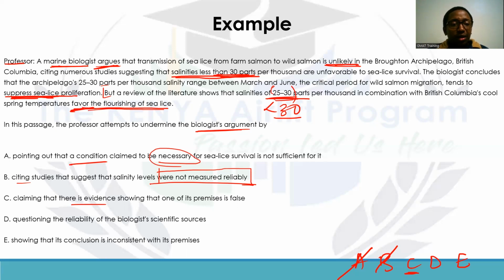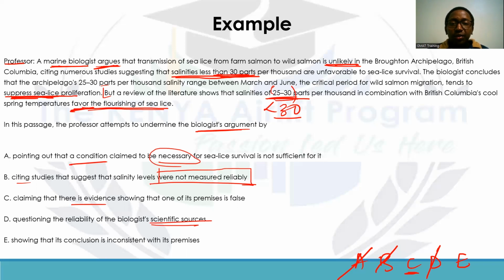D, questioning the reliability of the biologist's scientific sources. We have seen that they use the same information but different conclusions, so this is not the case. And then E, showing that its conclusion is inconsistent with its premises.